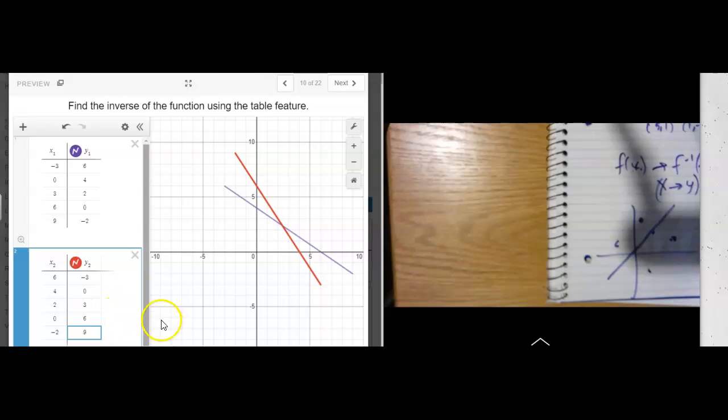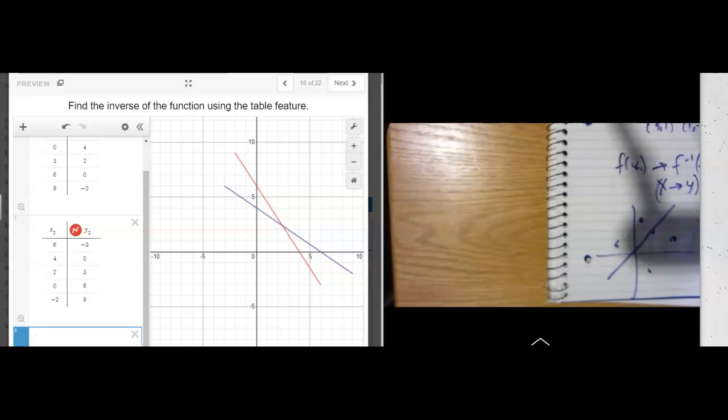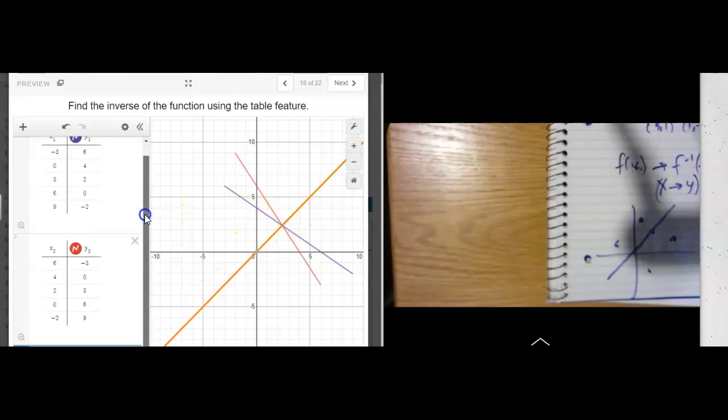All right, so you could see there, if I draw the line y equals x, you'll be able to see again that same relationship, and now instead of just points, we have an actual line there. So believe it or not, when the blue is folded over that orange line, it goes over the orange and becomes this one right there, and this one right here becomes this one right here.